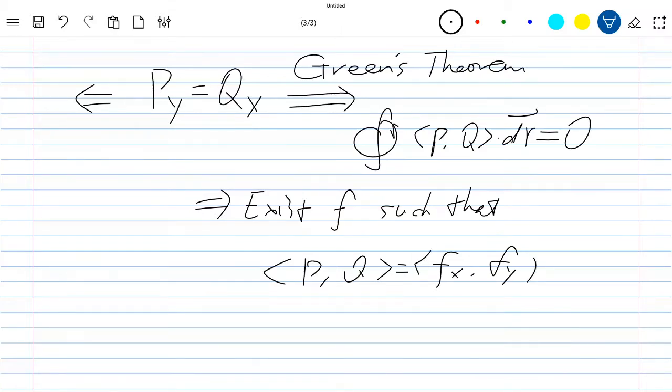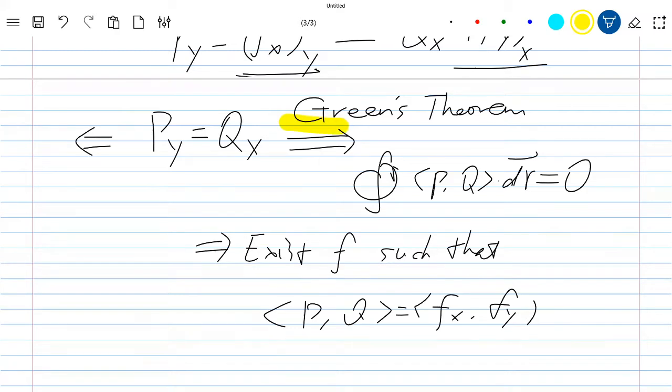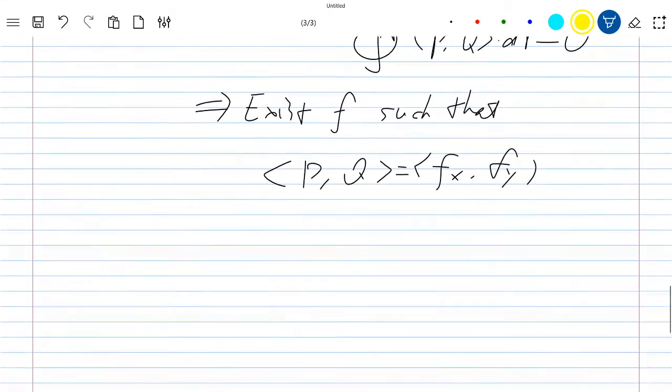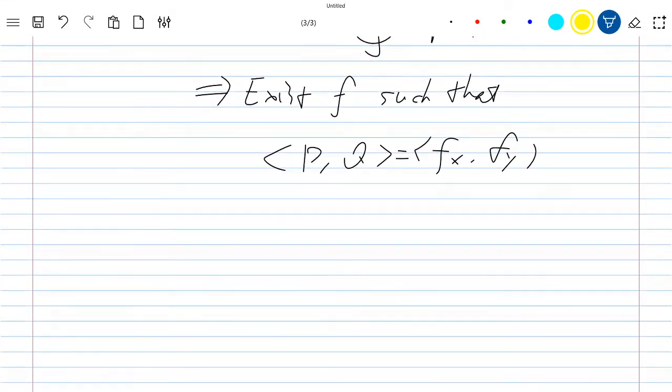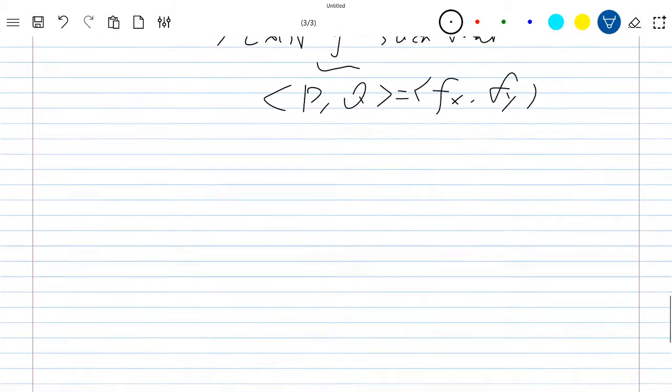So that means it's a potential field. Okay, so the proof is not complete because we don't even know what Green's theorem is, right? But we will show it next time. For now, let's take it for granted, and we will see how we use it to determine if a field is a potential field, and if it is, how do we construct the potential function. All right, let's give an example.